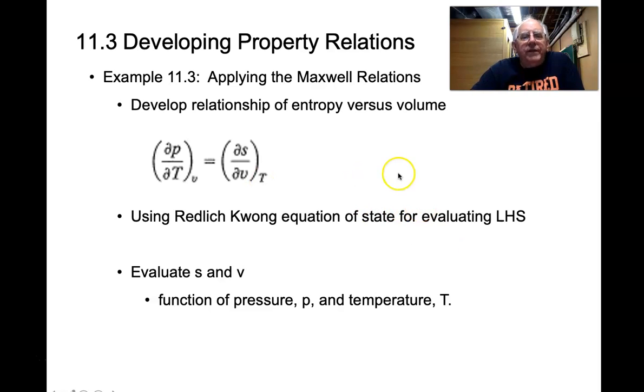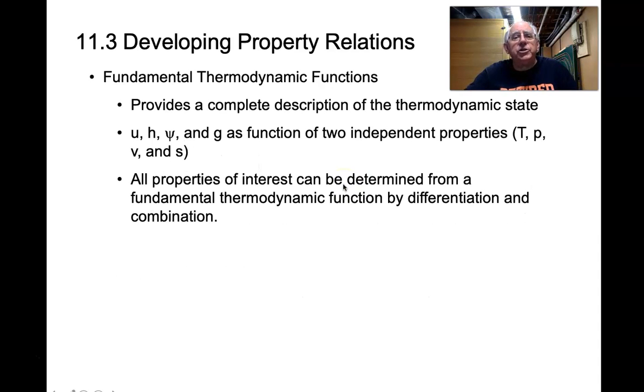And so what that then allows us to do is evaluate the entropy value and how the entropy is related to volume as a function of pressure and temperature. And so again, that example problem allows us to look at the various relationships in that fashion.